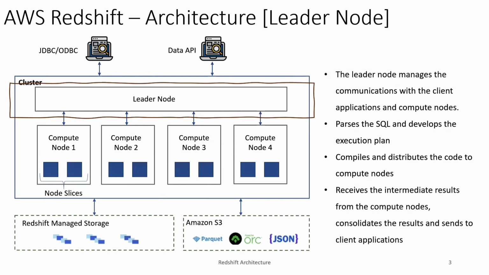It parses the SQL and develops an execution plan, compiles and distributes the code to computing nodes, and receives the intermediate results from the computing nodes. It consolidates the results and sends them to the client applications.